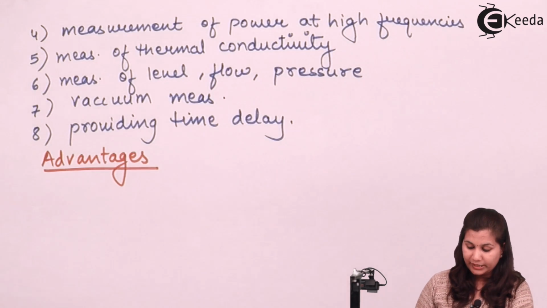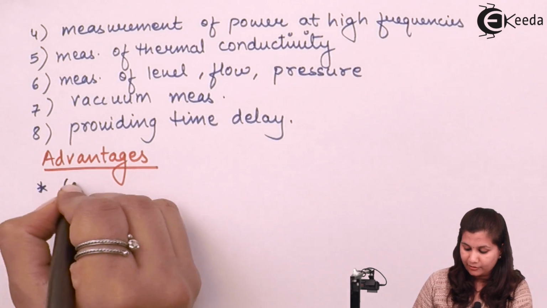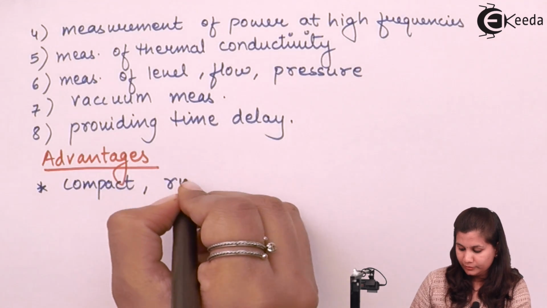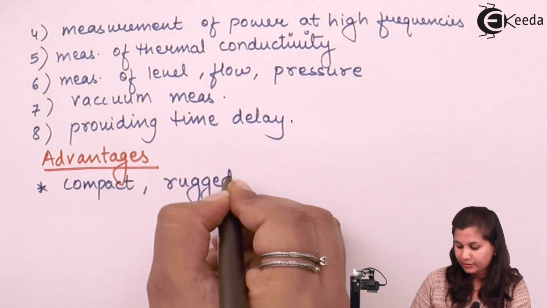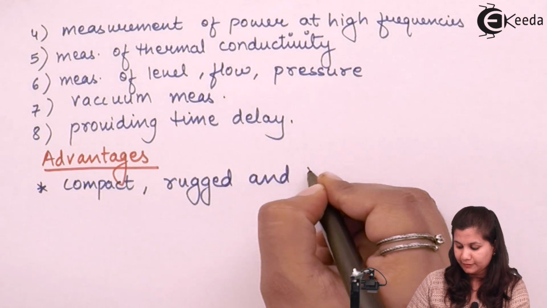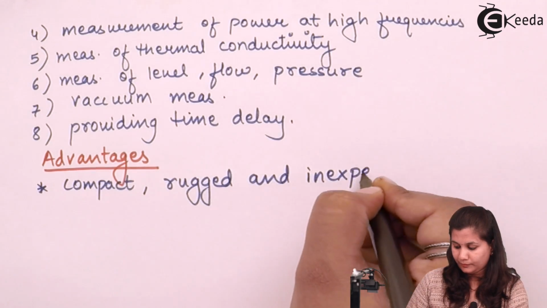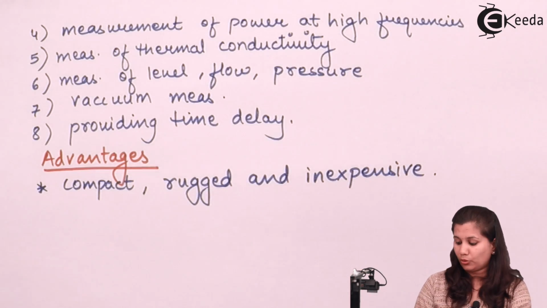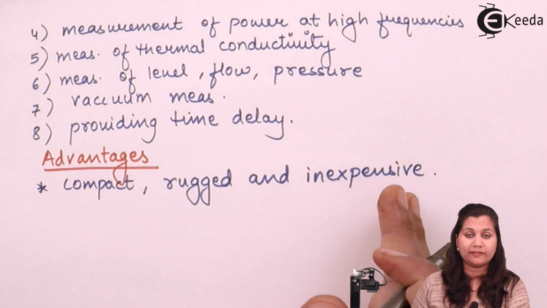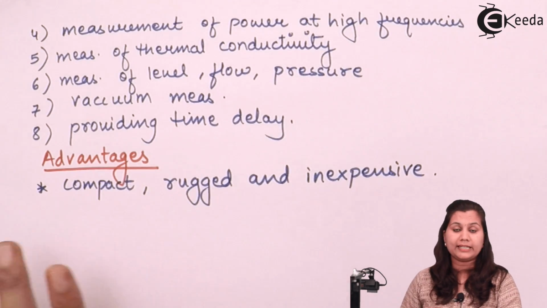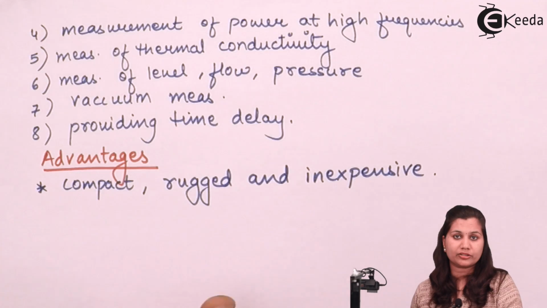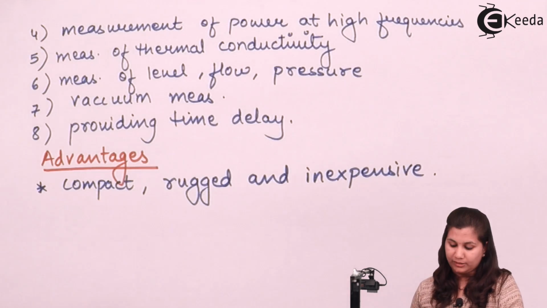If we talk about its advantages, then thermistors are compact, rugged and inexpensive. They are very small in size, so they are compact and inexpensive, and they can bear any type of shocks and vibrations and environmental conditions, so they are rigid materials.